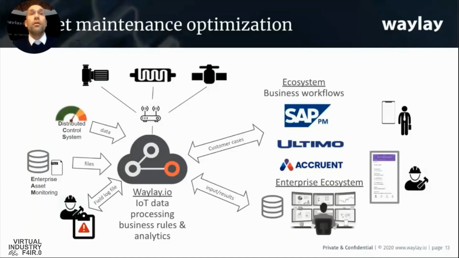And based on the concatenated values then, similar to the probability score that we saw on a previous slide, we can then take action, and this action could be the creation of a case, maybe in the SAP PM system, the Ultimo or Accurant. We have connectors available for all of those, or on a more business-centric environment that can also be done through things like a Zendesk system, maybe ServiceNow or Salesforce, as I mentioned before.